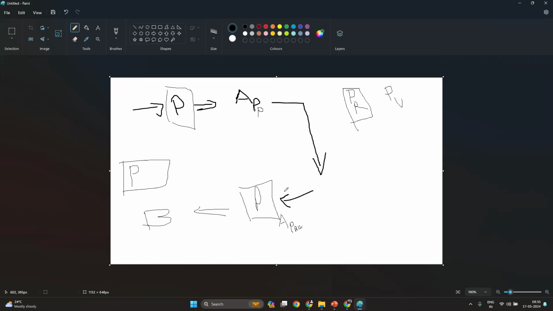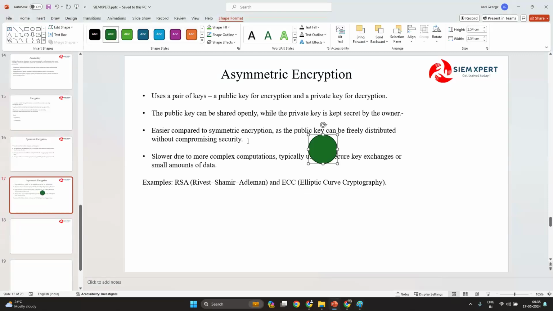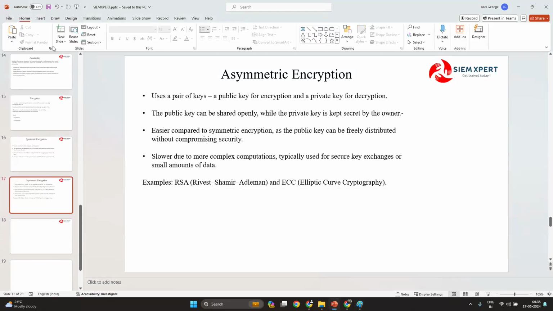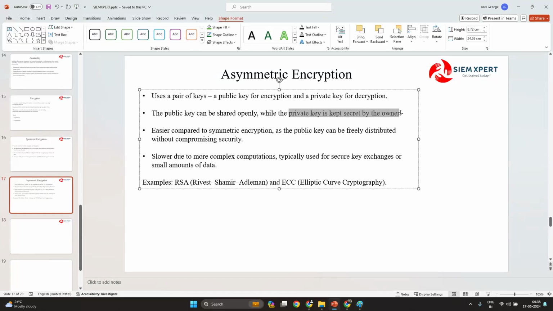Don't get confused with symmetric encryption. Symmetric encryption only uses one key, whereas asymmetric encryption uses two keys. So a public key can be shared openly, while the private key is only kept by the owner. How does the receiver decrypt this using an asymmetric key when he doesn't have that key?